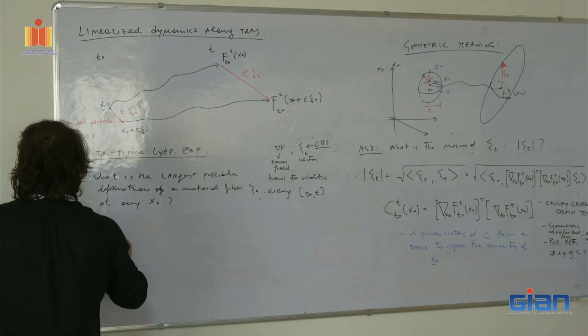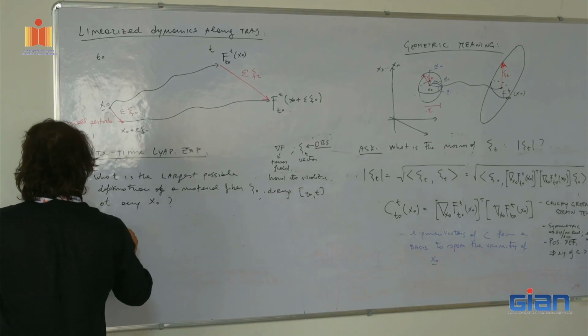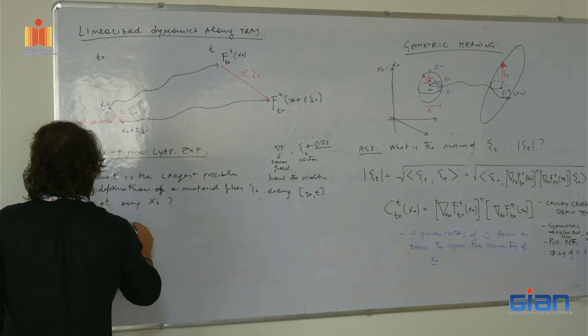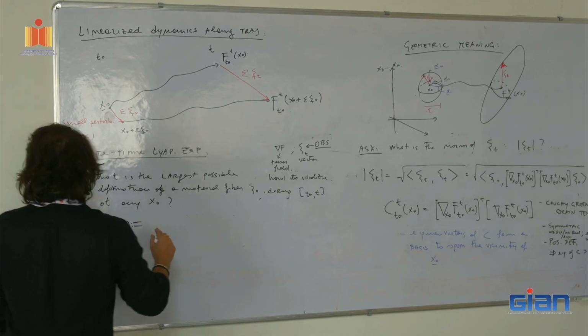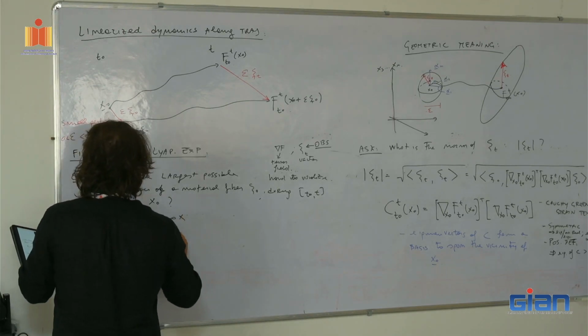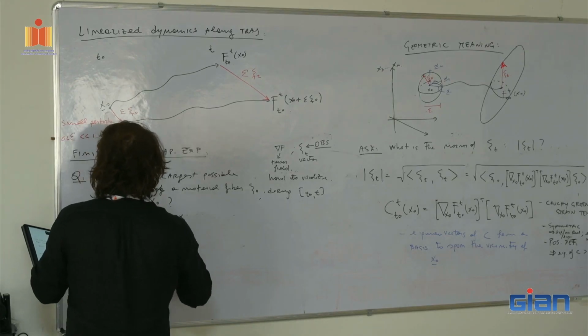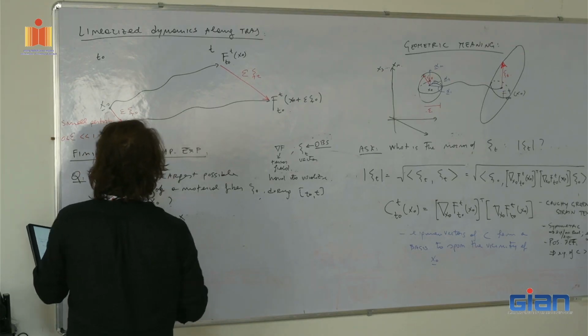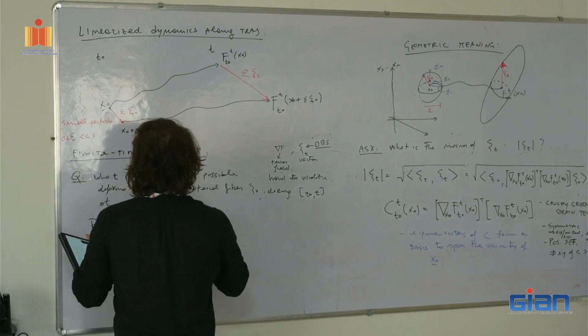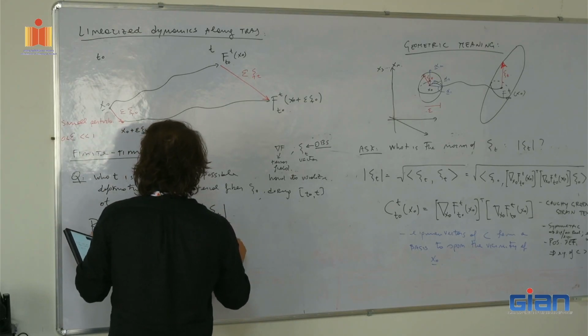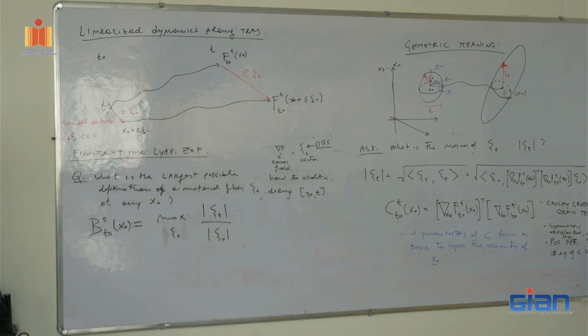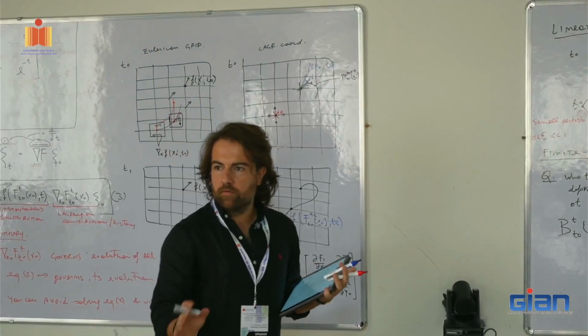So I'm going to write this B t0 t as a function only of x0. We are going to define it as the max over all the possible zeta 0 of this norm, zeta t divided by zeta 0. I'm even relaxing the norm of zeta 0 equal to 1.